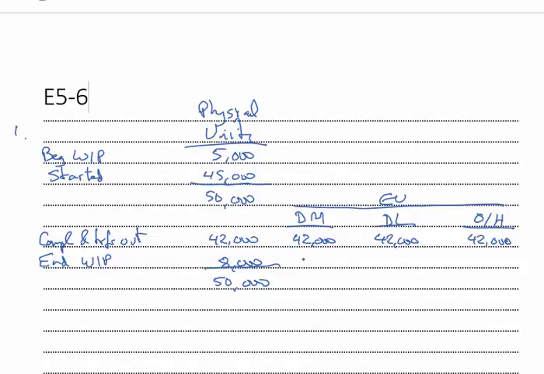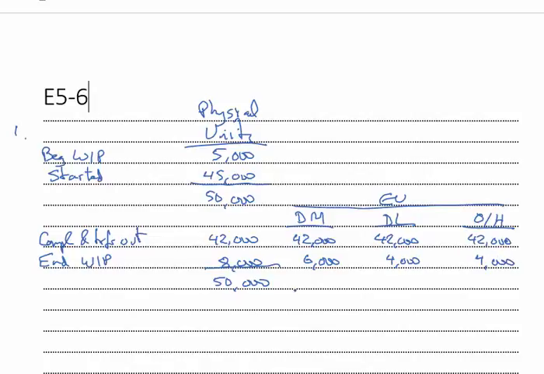So 75% of 8,000 is 6,000 units. 50% complete as to processing. So presumably, if they say processing, they mean both labor and overhead, and therefore 50% of 8,000 is 4,000.